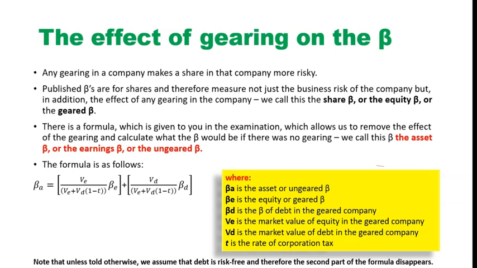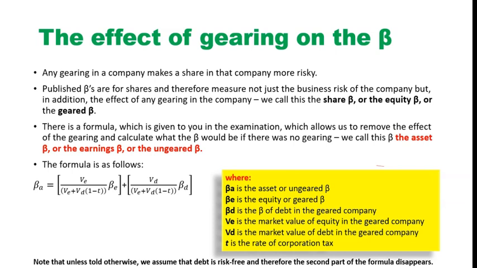So the formula is as follows: BA is equal to VE over VE plus VD (1 minus T) multiplied by beta equity, or beta geared. Remember, BA is asset beta, which is ungeared beta. Then plus VD over VE plus VD multiplied by BD. Remember, VD is the market value of debt and VE is the market value of equity, and 1 minus T is the tax adjustment.